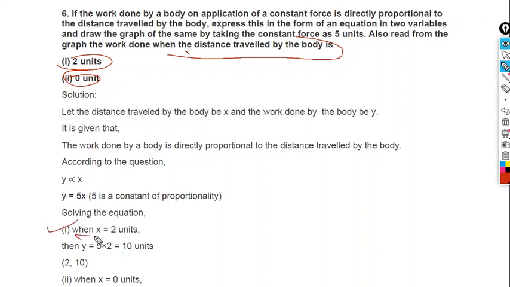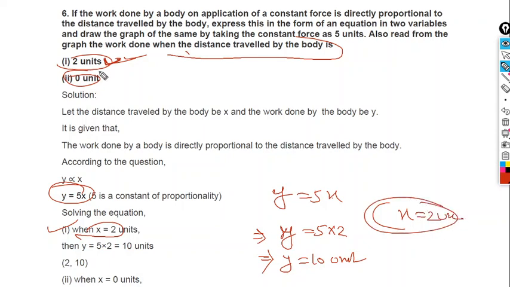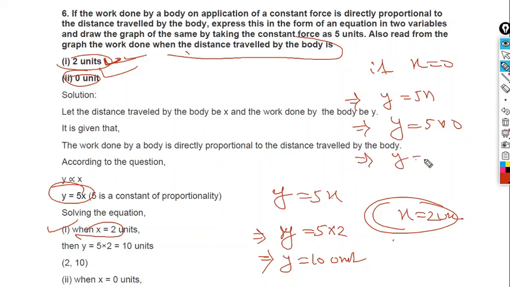First, when x equal to 2 units, our equation was y equal to 5x, implies y equal to 5 into 2, implies y equal to 10 unit. In the second case, x equal to 0 unit. The equation is y equal to 5x, implies y equal to 5 into 0, implies y equal to 0. 5 into 0 is 0. So when x equal to 0, y is also equal to 0.